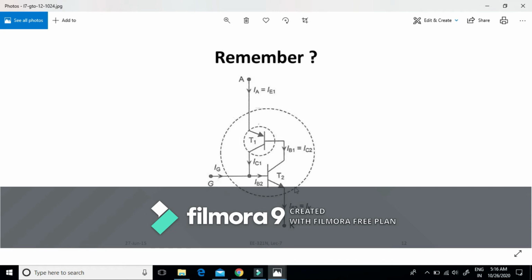This increases the collector current, and this base current increases the emitter current of transistor T2. Whenever the emitter current increases, it causes an increase in the current gain alpha 2.